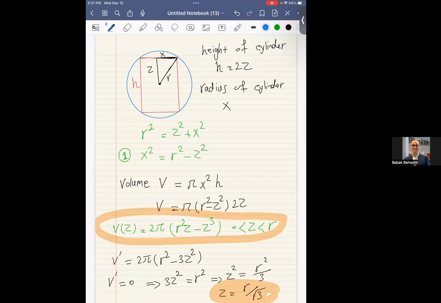Because Z is R over root 3, X would be from here: X squared is R squared minus R squared over 3. So X squared is 2 over 3 R squared. So X is square root of 2 over 3 times R. And this is X, the radius of the cylinder.